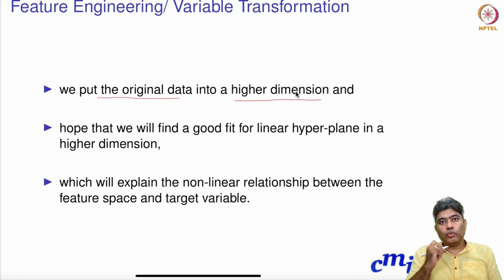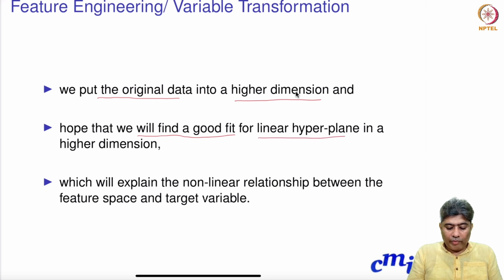The trick is we put the original data into a higher dimension, and we hope to find a good fit with a linear hyperplane in the higher dimension, which will explain the nonlinear relationship between the feature space and the target variable.